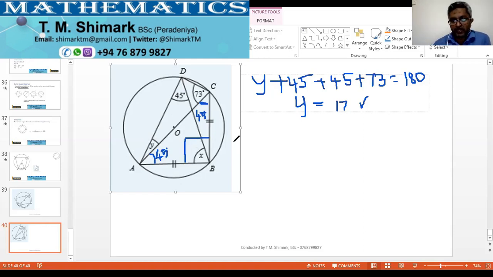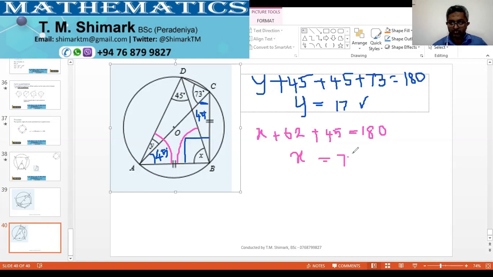So x plus 45 plus 17, that is 62, plus this 45, that means 180 for a triangle. This angle is x and this angle is 45 plus y. So it's going to be 107, and that means x is 73.